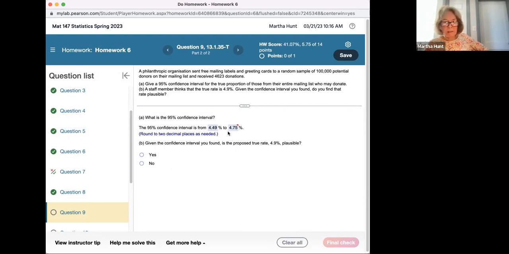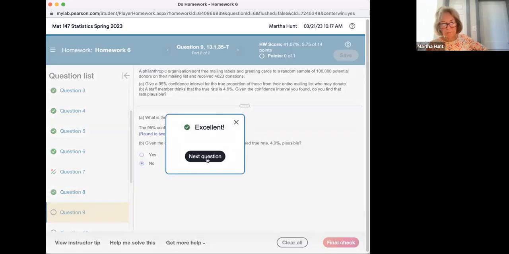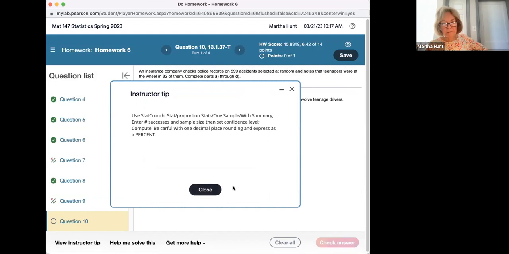The upper bound is 4.75. 4.9 is where? Outside, it's bigger than the upper bound. So is it plausible? No, because it's not in the confidence interval. Okay.